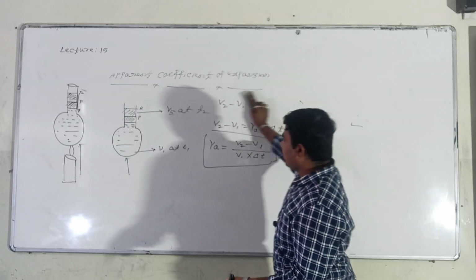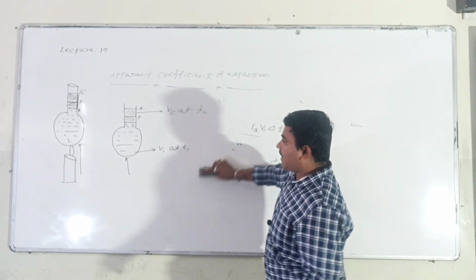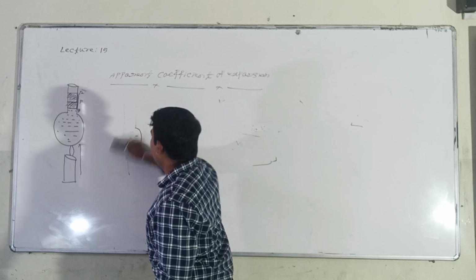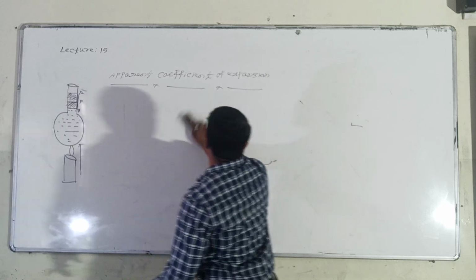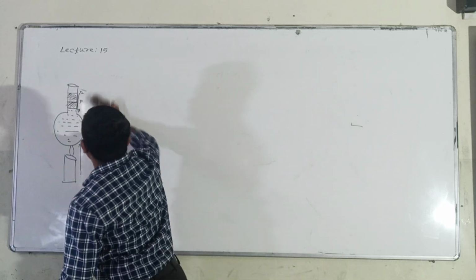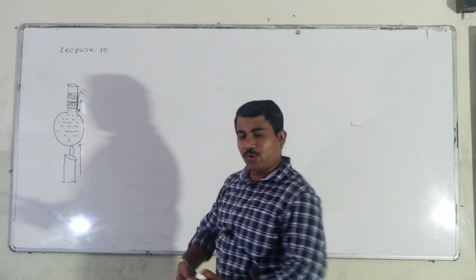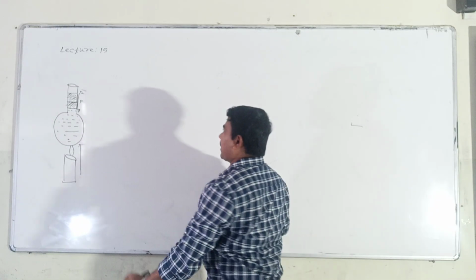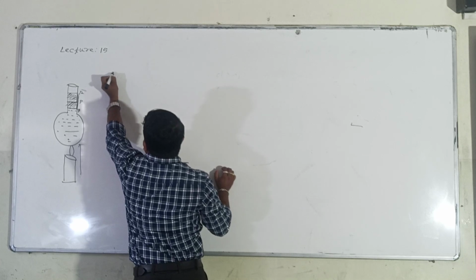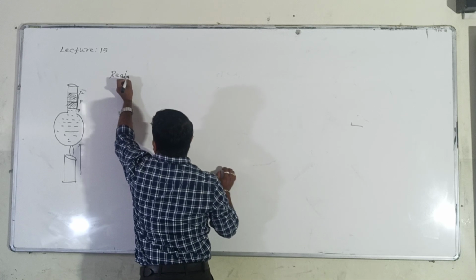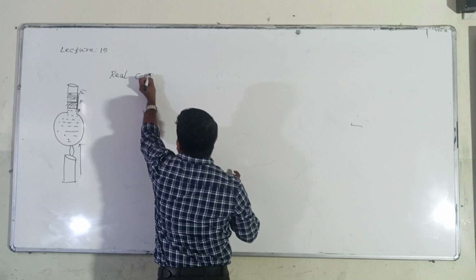After this, shall I take here, the real coefficient of volume expansion? Look at me here. How do we go for the real coefficient of expansion?